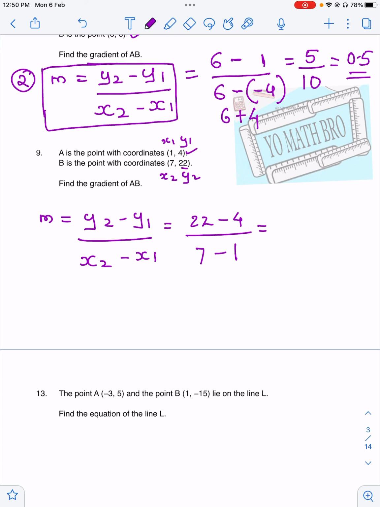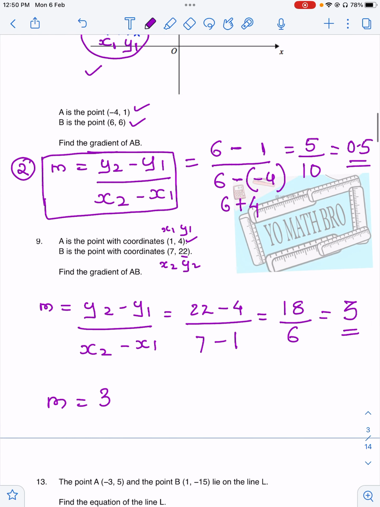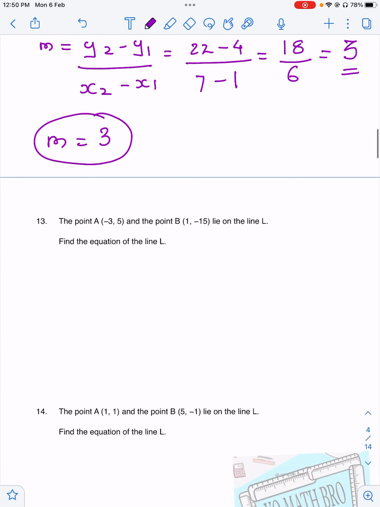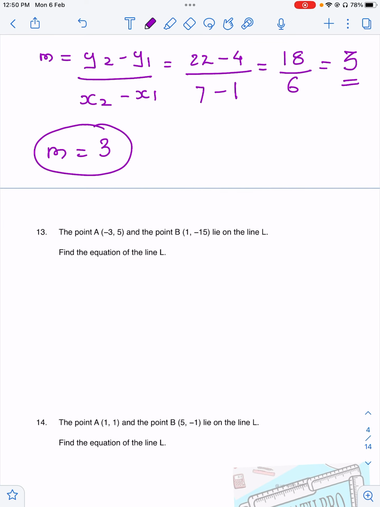So I get 22 minus 4 gives me 18, 7 minus 1 gives me 6. Both of them divided give me 3. So here m is equal to 3. In the earlier case, m was 0.5. Here m is 3. This is how you get the gradient.